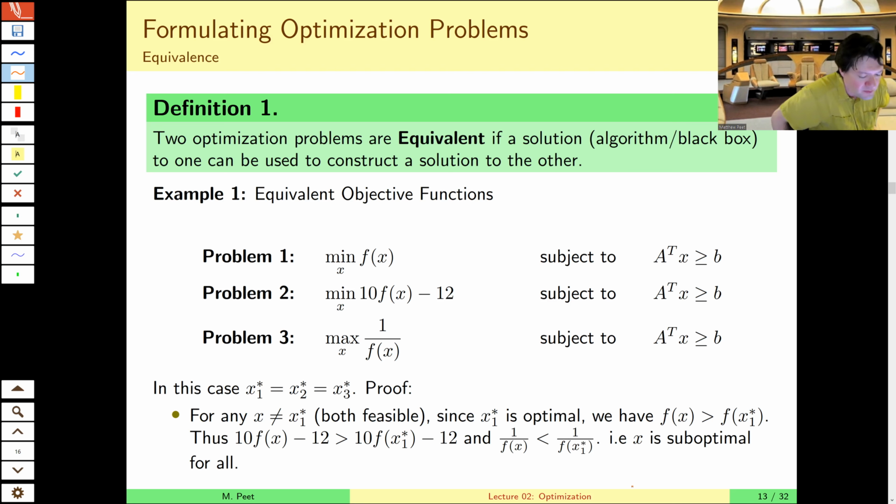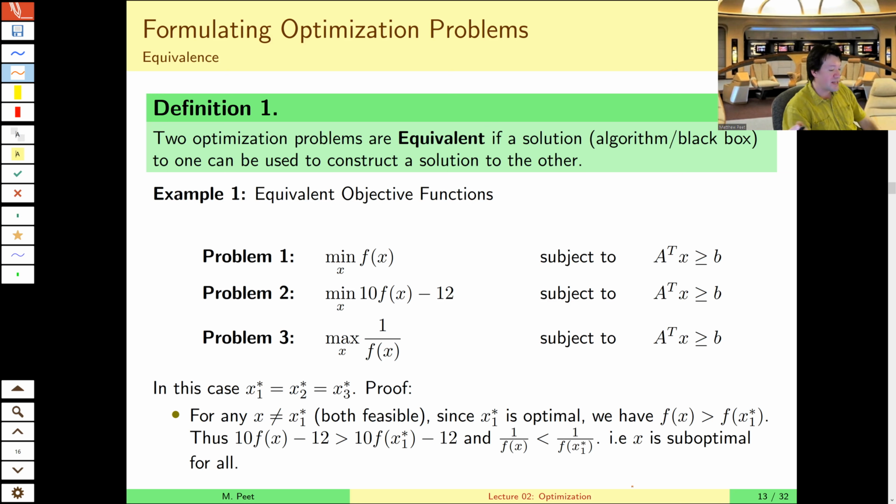Two problems are considered to be equivalent if a solution to one, any kind of algorithm which can be used to solve one, can be used to solve the other, and vice versa, where the conversion is not too onerous, basically polynomial time. The conversion from a solution to one to a solution to the other is not particularly complicated.